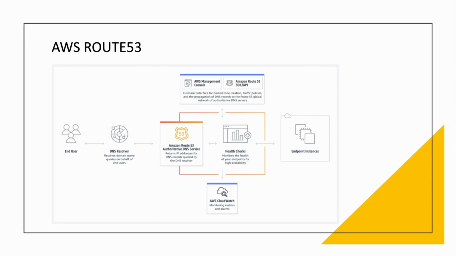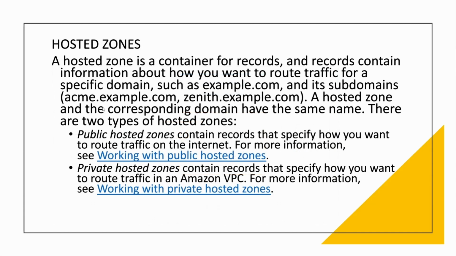So our question was regarding domain names. So this is one of the options. Let's see why not the other options. Now a hosted zone. Hosted zone is also a part, if you study, that comes under Route 53. So hosted zone is a container of records, and records contain information on how you want to route. In this hosted zone, there are two types: public hosted zone and private hosted zone.